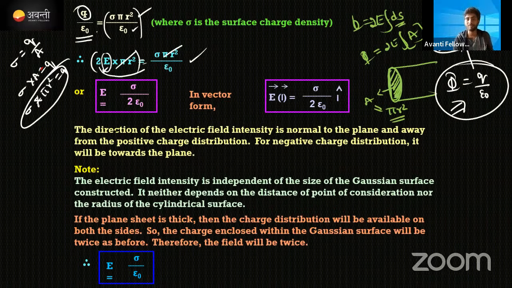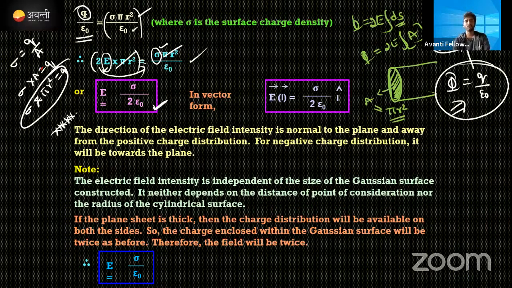Then E value will be equal to, इधर sigma बचा हुआ है divided by 2, means you will get sigma by 2 epsilon naught. Okay, this is actually the electric field intensity due to a charged plane sheet. This is very very important. Guys, लिख दो इसको.